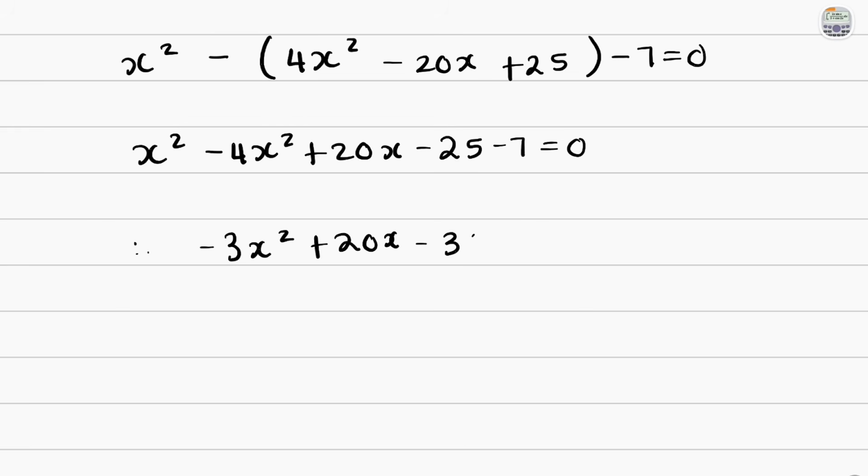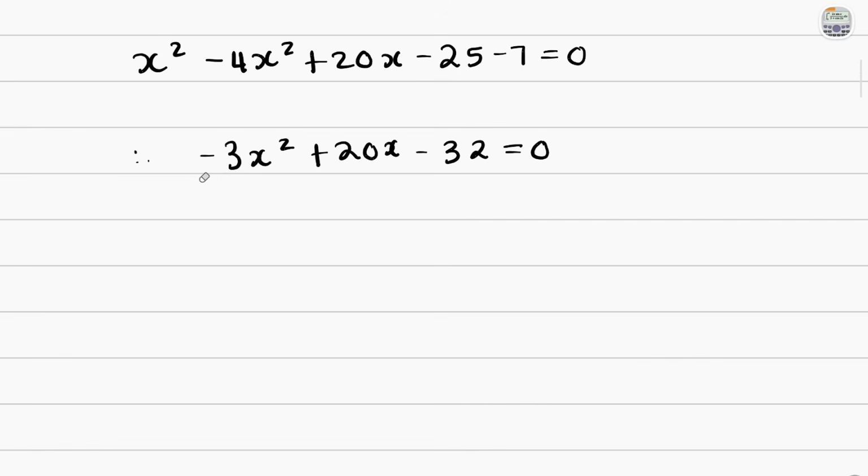So negative 32 is equal to 0. But as you can see, there's a negative all through because this is negative. It should be positive, so we can factorize it. So you can multiply or divide both hand sides by negative 1. And so our equation is now positive 3x squared minus 20x, and then positive 32 is equal to 0.